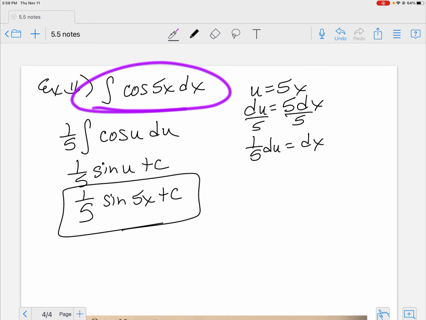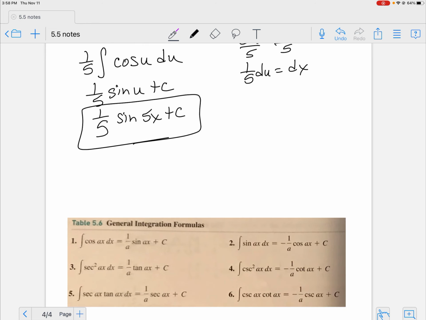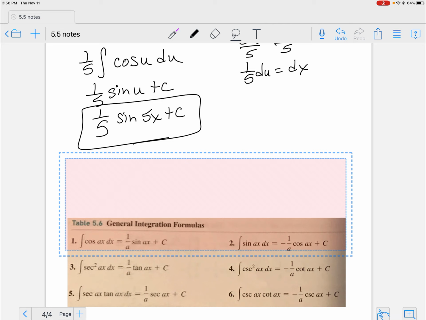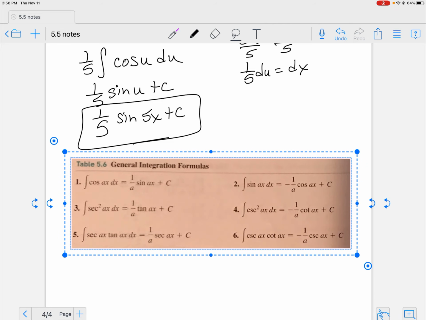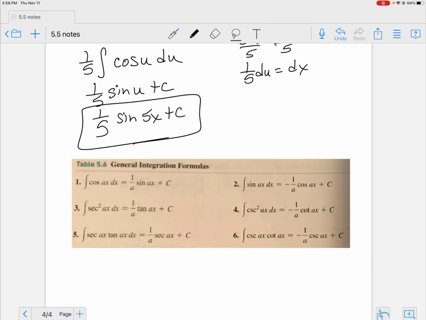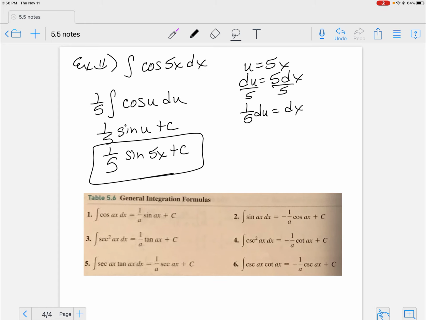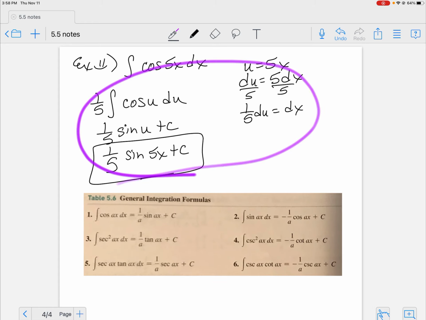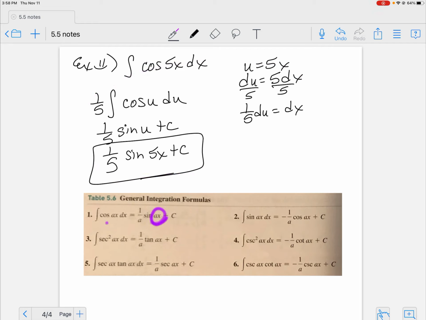Your book doesn't even give you an example like this. They say, hey, here's the chart of what it is that you're doing. Now you know. I wanted to do this example because I wanted to prove why. So anytime you have this ax in here, you keep that ax and it's 1 over that.